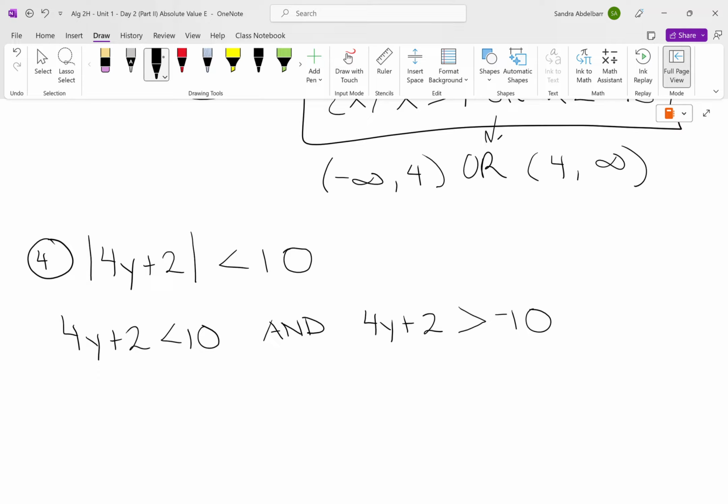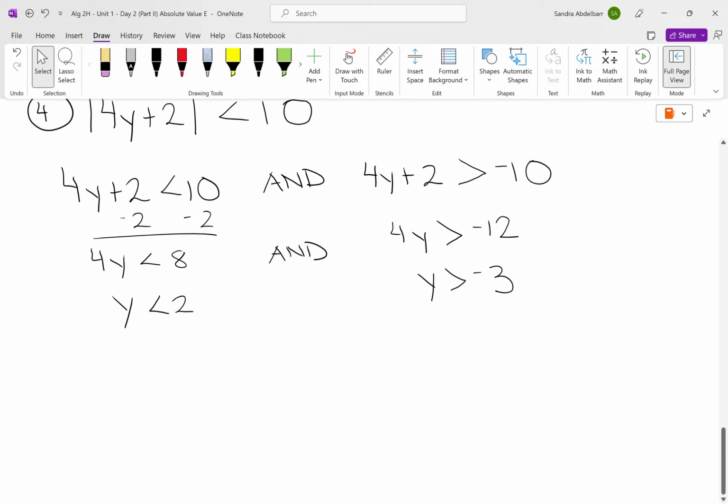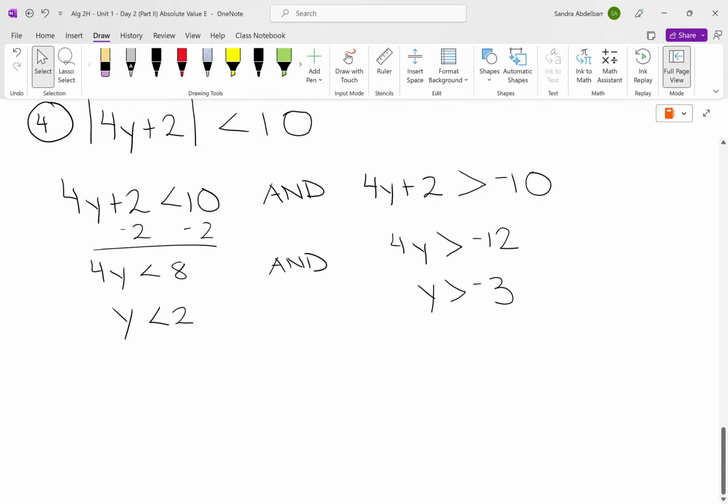All right, so now we solve these two inequalities. So we're going to subtract 2 from both sides. We're going to have 4y is less than 8, so y is less than 2. And now I'm going to solve the other one. 4y is greater than negative 12, so y is greater than negative 3.